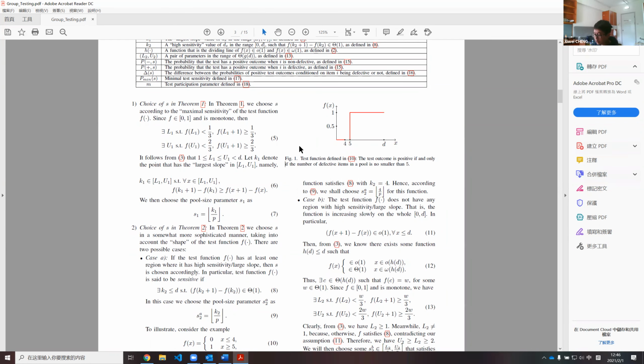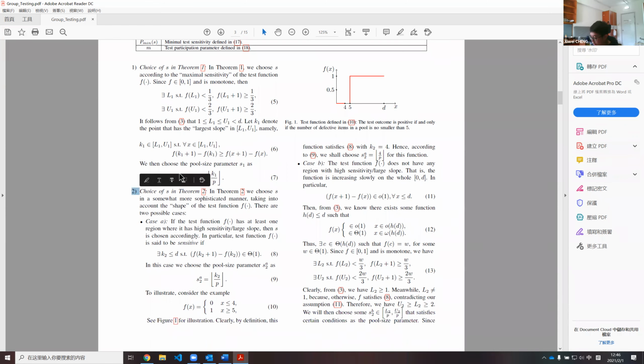Then let's go to theorem 2. The result we obtain in theorem 2 is overall better than the result in theorem 1, but we cannot always offer a direct way of choosing S. We can only prove that such an S exists, while in theorem 1, we can always offer an exact answer for choosing it. So we provide two theorems. First, we can divide theorem 2 into two cases.